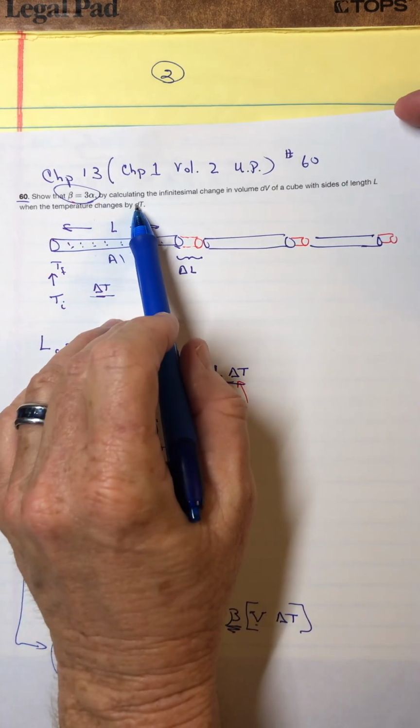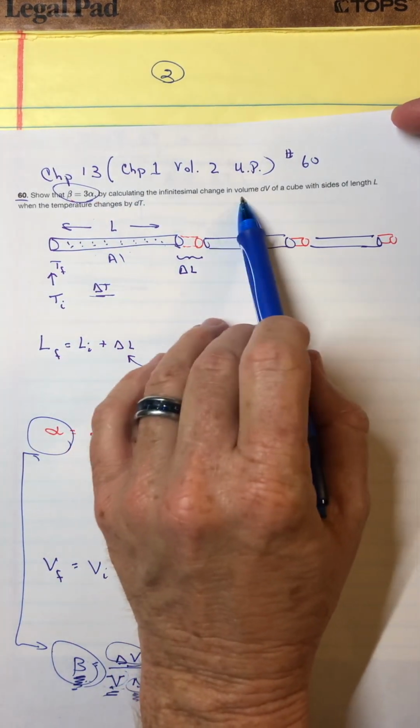Now, if you're still hanging around, you might do something like this also, because your author says to do it, and I think he kind of implies some calculus here.